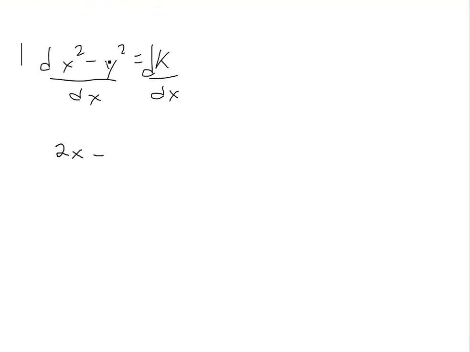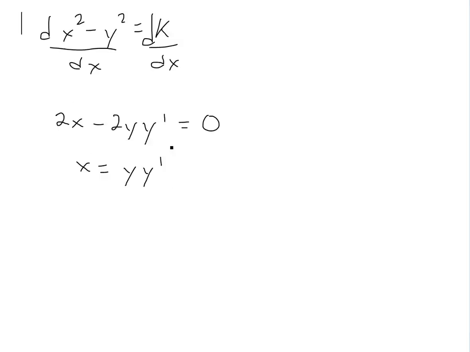Minus, for this one, 2y, then using the chain rule, y prime. This equals the derivative of the constant, which is 0. Now we solve for y prime: move this over to the right side and divide everything by 2, so we get x equals y y prime, and y prime equals x over y.